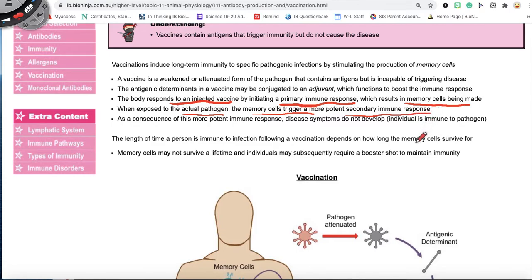And that means that the disease and the symptoms are not going to develop and you're thought to be immune. Now, importantly, the length of time a person remains immune depends on the persistence of the memory cells, right? So sometimes you're going to require a booster shot to maintain that particular immunity.